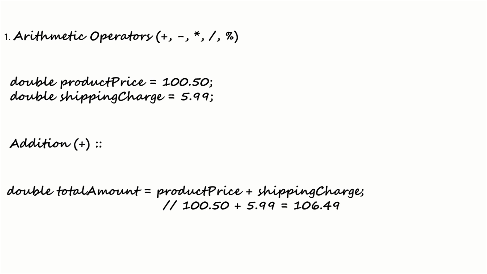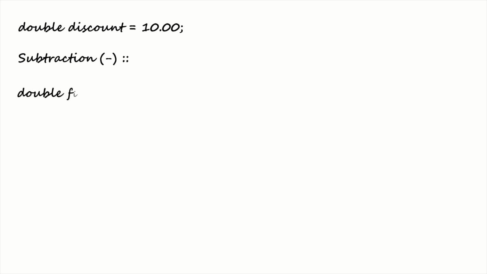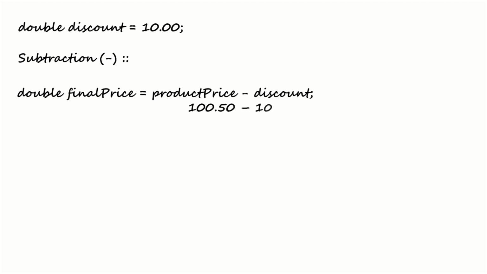Now let's say the product has some discount, maybe a $10 discount. Now I want to calculate the reduced price. So we can use the subtraction operation: the product price minus the discount price.